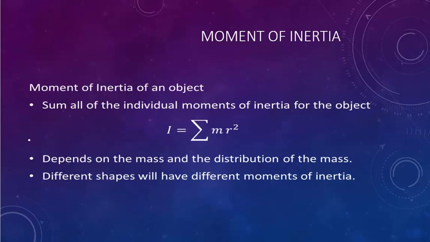When you think about the moment of inertia, you want to think about the idea that you're taking all of these individual little chunks of mass and how far away they are from the center of rotation and adding all that up and compressing it into a singular thing, which is the moment of inertia.